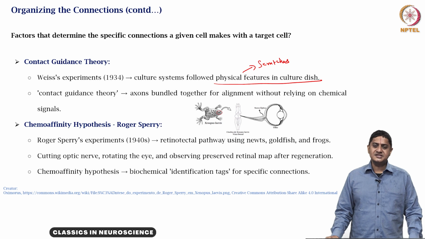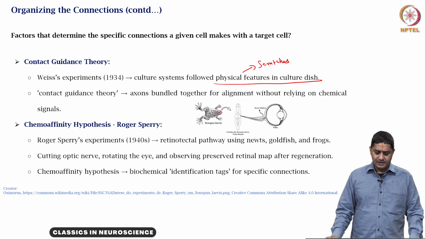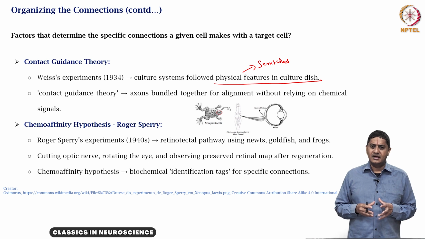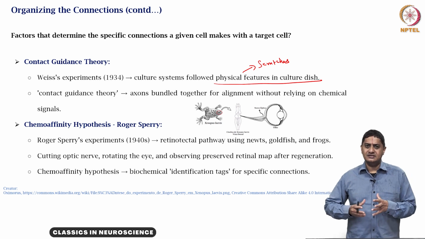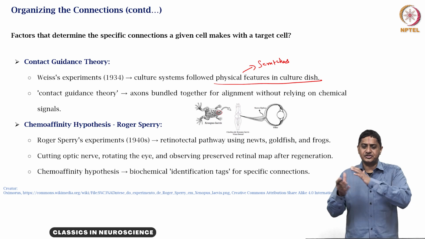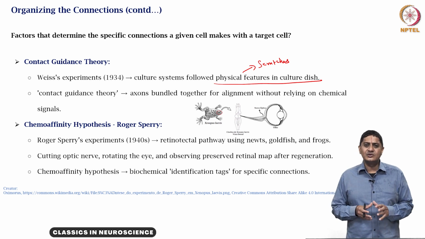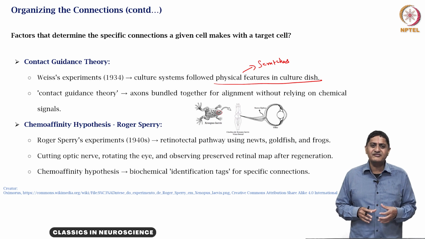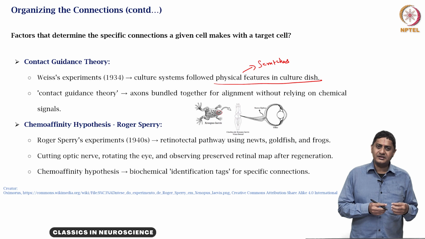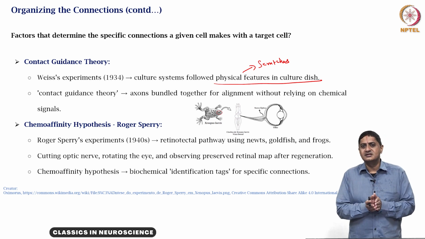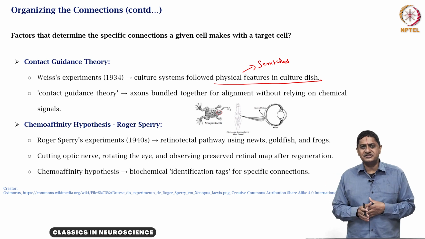So, he suggested that axons were bundled together and they stayed together throughout the trajectory till they reached their targets. So, there was really no need for any kind of chemical signaling to happen. That is, they start at a point and they travel together. These bundles of axons travel together until they reach their targets.